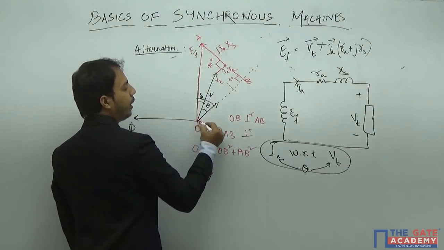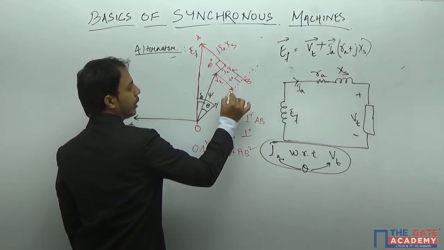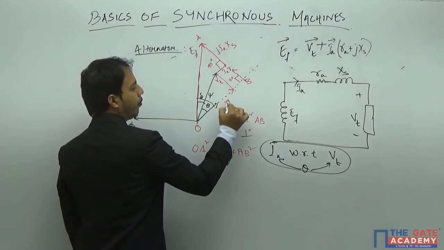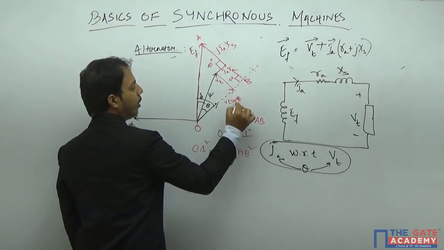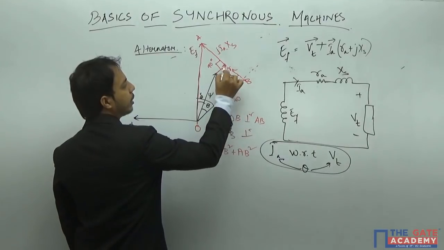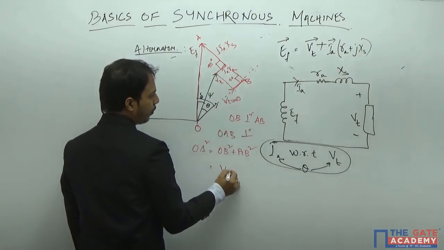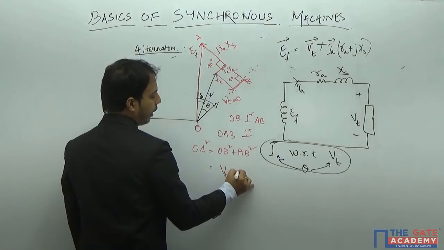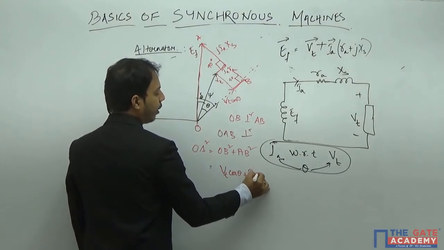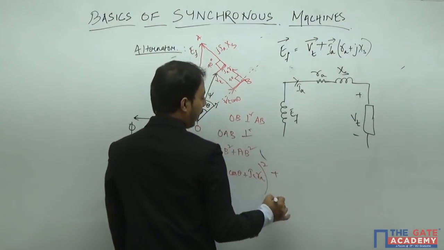Now here OB is nothing but, up to here it is VT, so this much will become VT cos theta, and this much I know is nothing but IA RA. So this is (VT cos theta plus IA RA) whole square plus AB square.